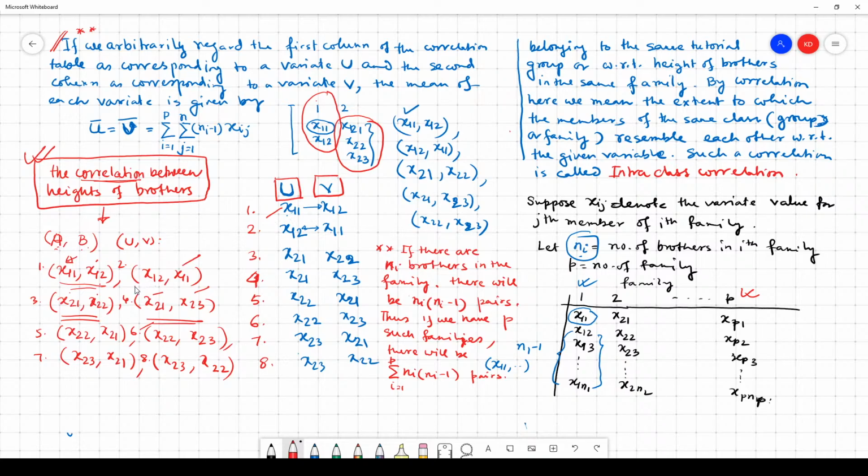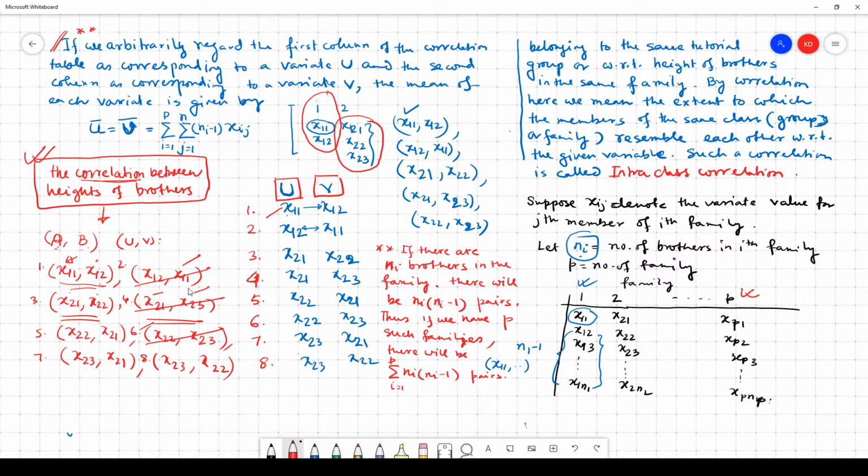If you eliminate this part, you see that every element does not appear exactly twice. So this is the problem.